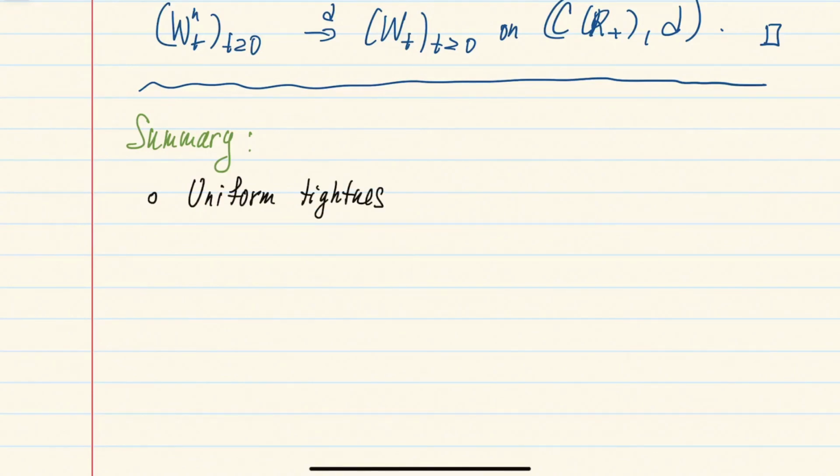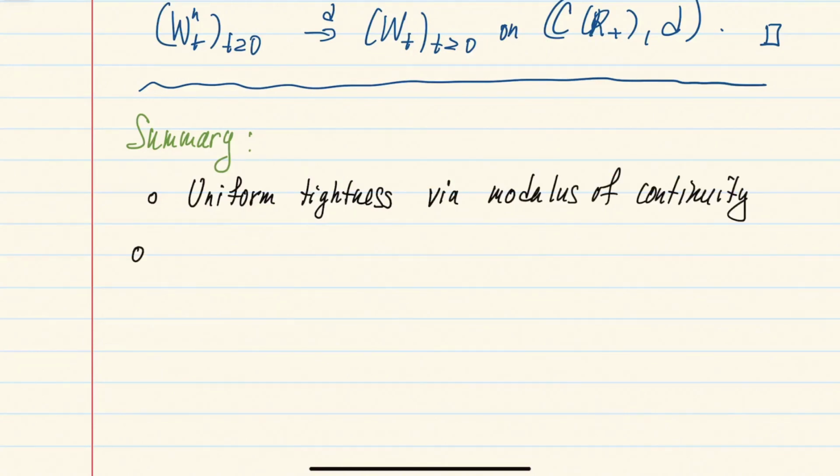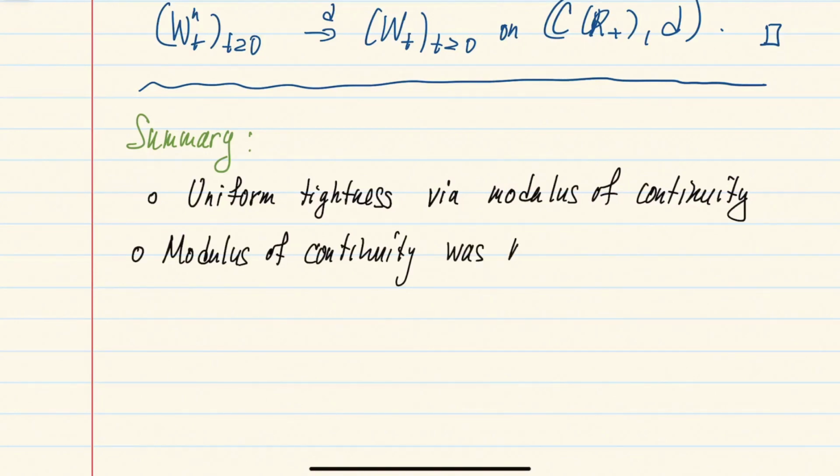So uniform tightness specifically on the space of continuous functions where processes live. And then in this particular case of random walks, this modulus of continuity was expressed as some kind of a maximum over partial sums.